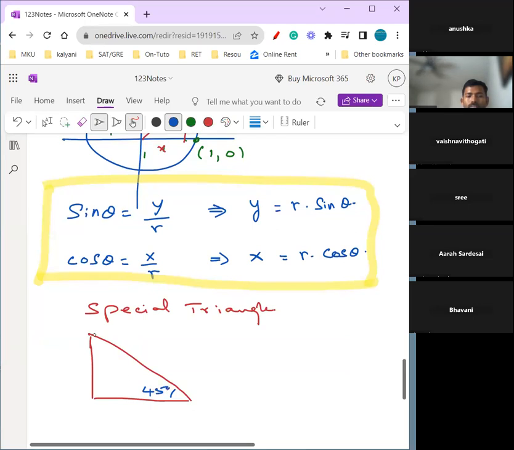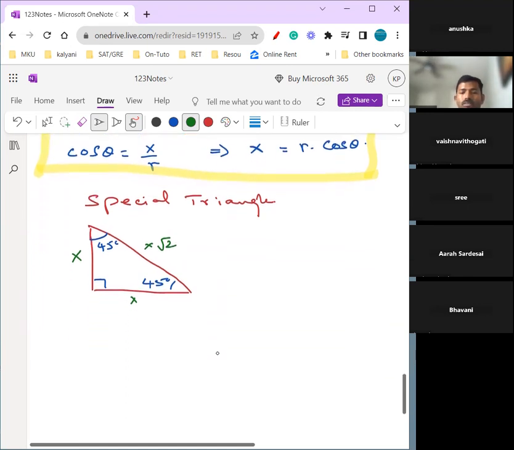That's 45 degrees, 45 degrees, and then 90 degrees. Remember this triangle, we talked about it in the past. If I write it, this is x, and this is also x, and this is going to be x radical 2. So that's the special triangle we put together before.